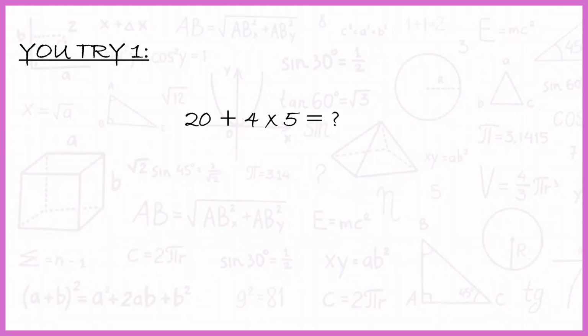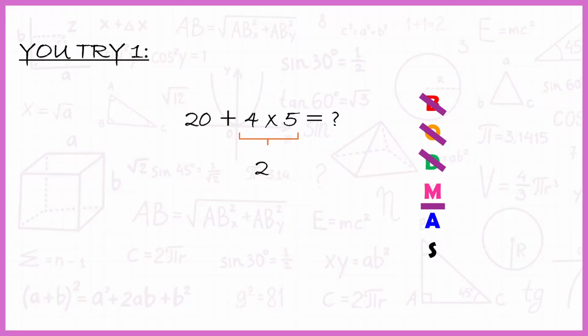Okay. So let's solve this U try. We are going to write the BODMAS acronym down in the corner, so then it will help us cross it off to see what we have when we're working with this equation. So we don't have any brackets, we don't have any order or indices, and no division, but we do have multiplication, which is the 4 times 5.